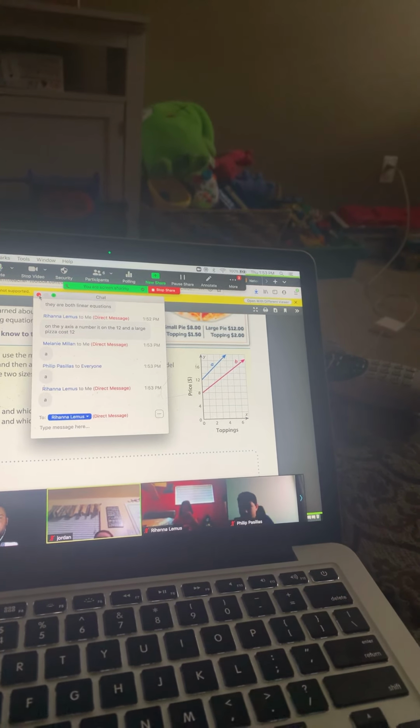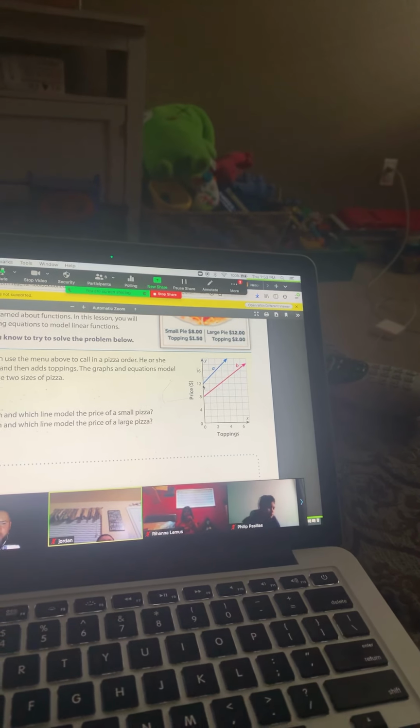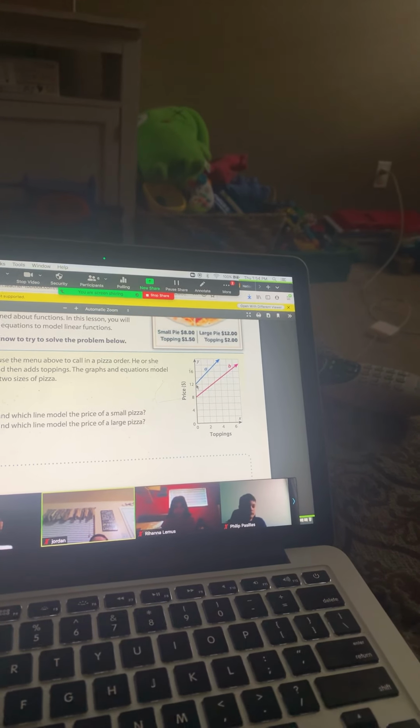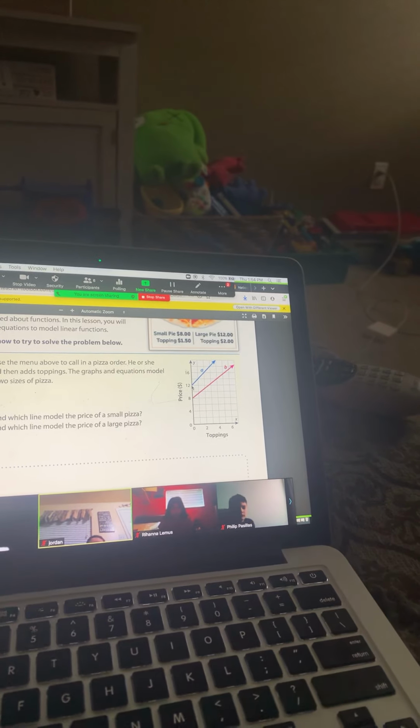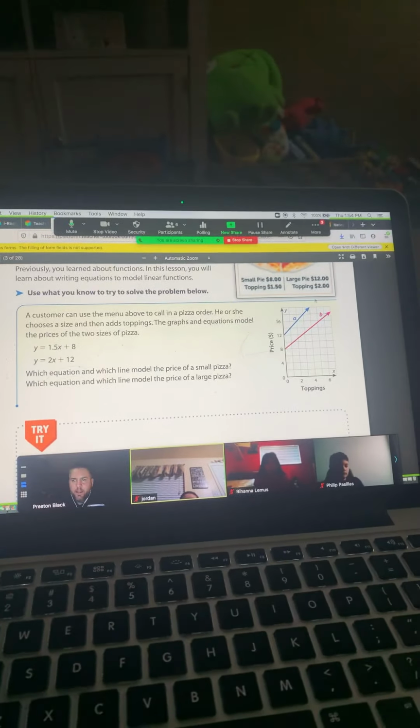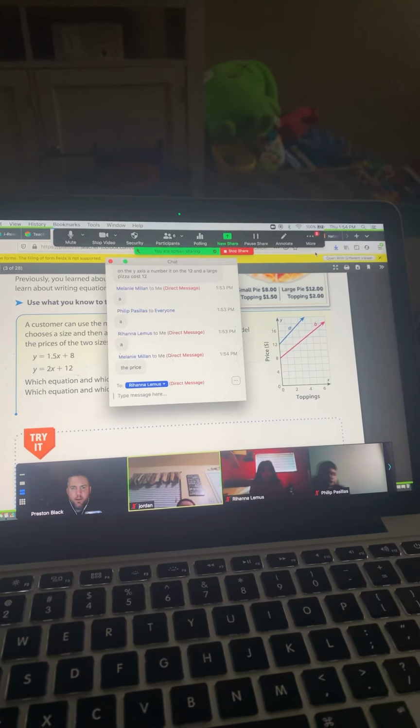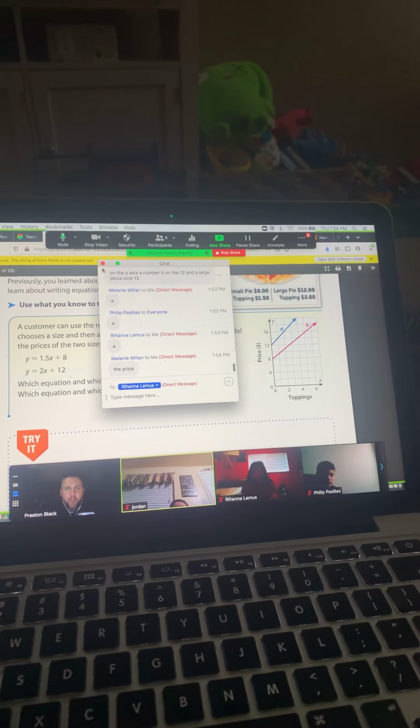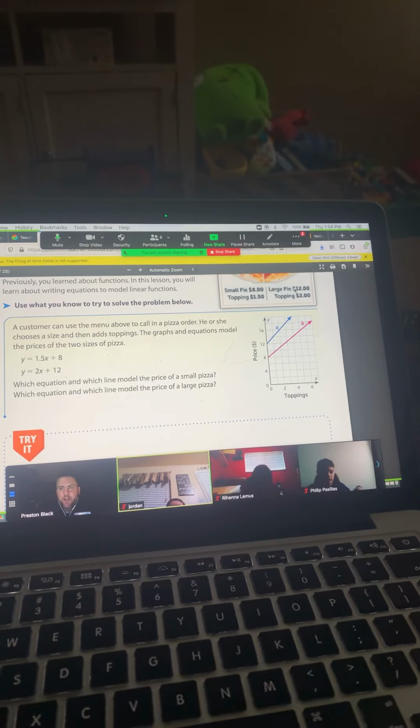And why? Let's go ahead and look. Why? Because 12, if you look at it in the equation, is what? If you look at the graph, it's what? The price. Okay, so it's the initial cost, the initial value.